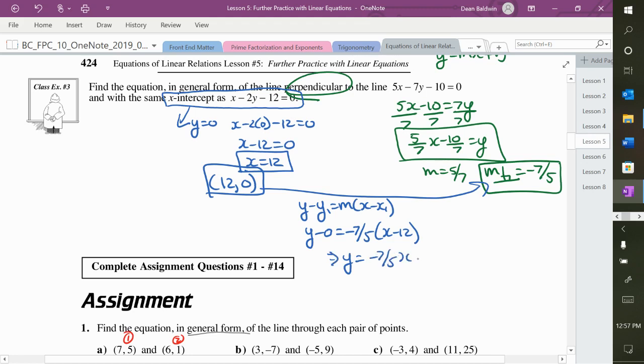And then multiply it in. What's 7 times 12? 84? Is that right? We'll leave it there.